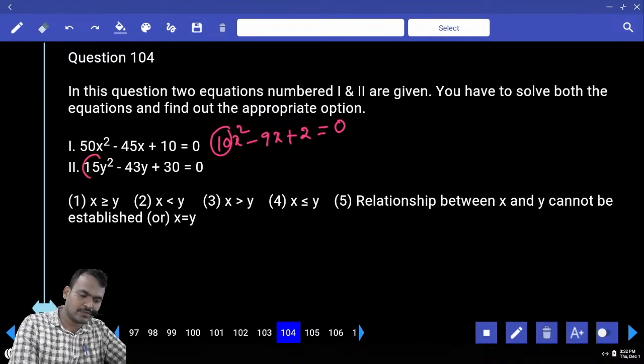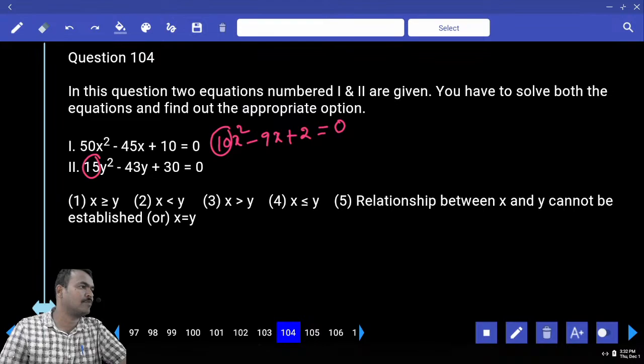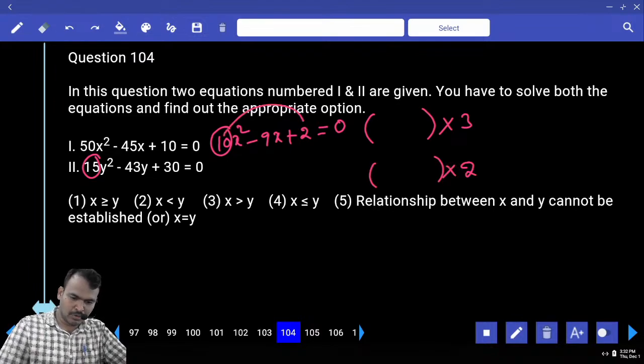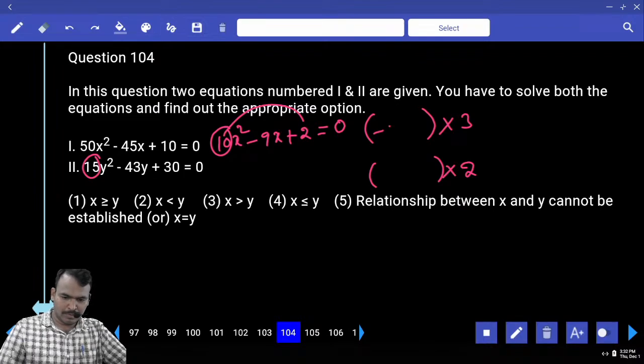What is the coefficient of y square? 15. What is the LCM of 10 comma 15? 30. 10 how many times? 3 times. 15 how many times? 2 times. X roots multiplied by 3 times, y roots multiplied by 2 times. 10 to the how much? 20. One will be minus 5, another one minus 4.